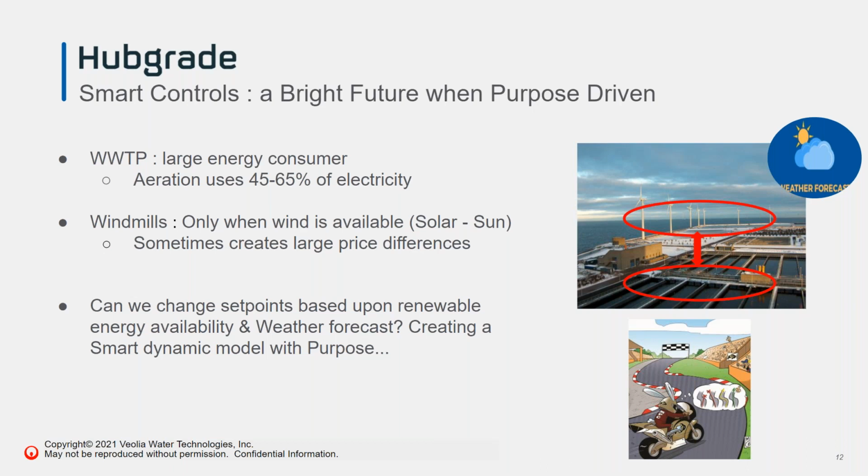So we had a discussion with the plant operators and the plant experts, and together we thought about another way of doing things. Is there a way we can take other sets of data that typically are not looked at by plant experts, and find a new dynamic model which could take energy from the windmills when the wind is there, and after that give energy back to the grid, or take energy from the grid when the prices are low?